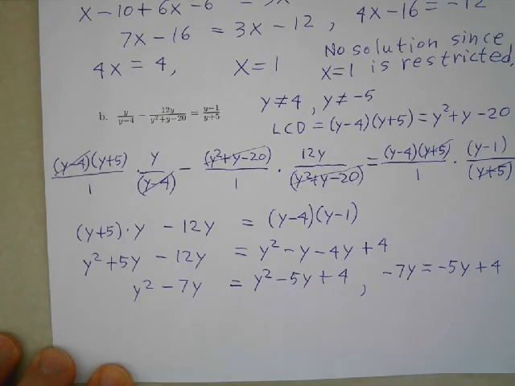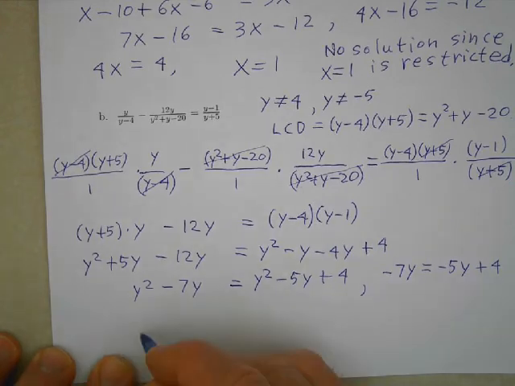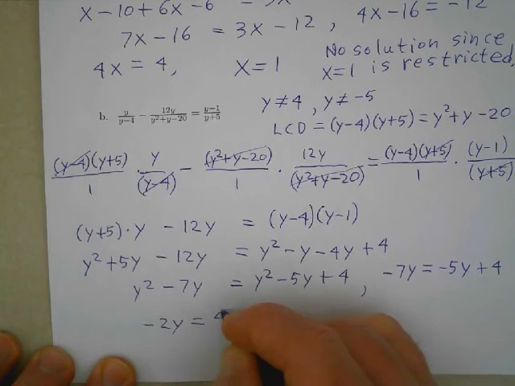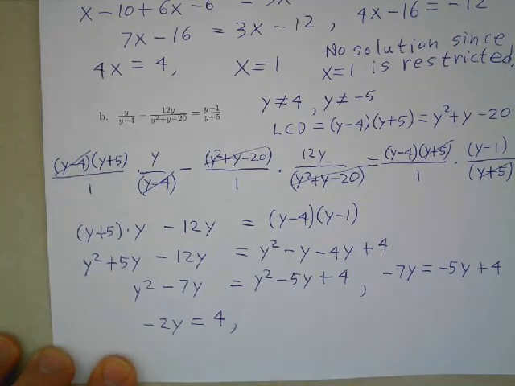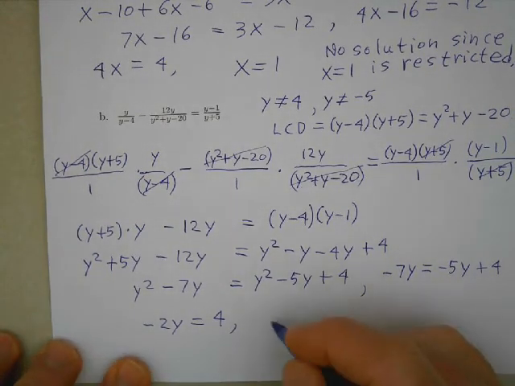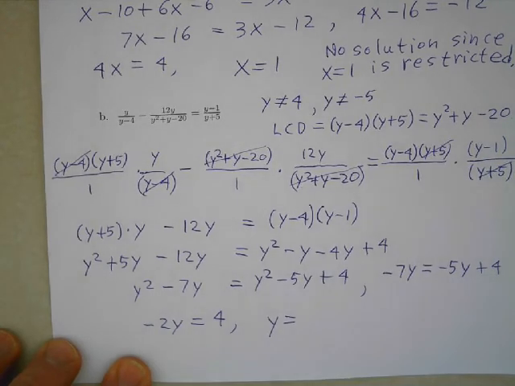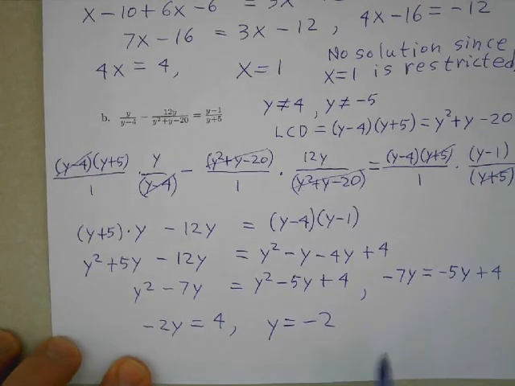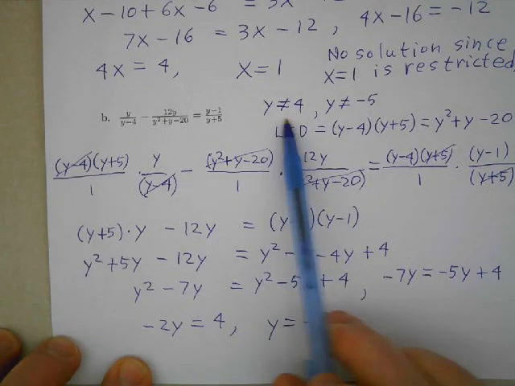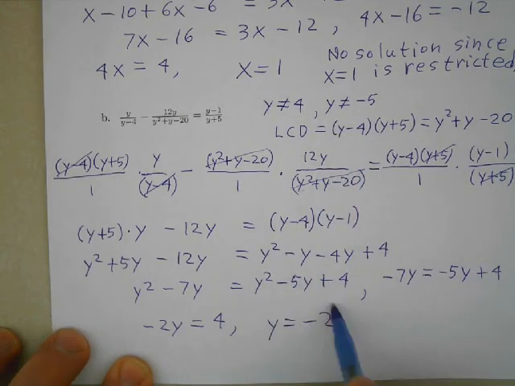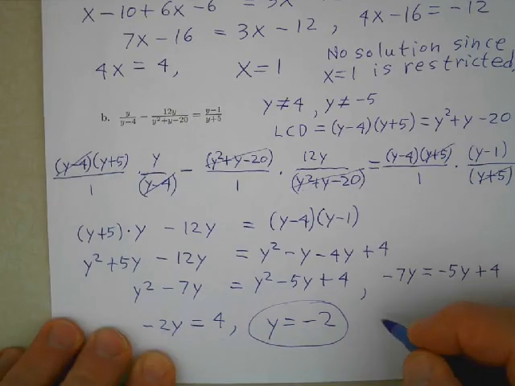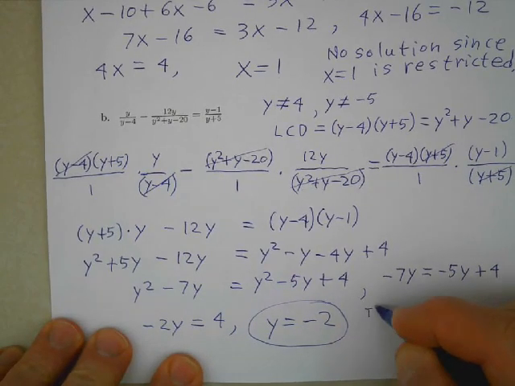Negative 7y plus 5y is negative 2y, and that will be equal to positive 4. And then finally, we just divide both sides by negative 2, and 4 divided by negative 2 is negative 2. This time, we get a solution that is not restricted, so that means y equals negative 2 is the solution. So this is the solution.